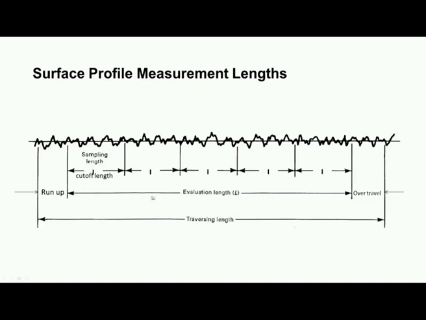Out of this, initially we have some run up length and then over travel length, which is not considered to evaluate the surface. The distance evaluated is known as evaluation length L, and normally it consists of 5 sampling lengths. So, evaluation length is divided into 5 lengths, each called sampling length or cutoff length, which is indicated by small l.